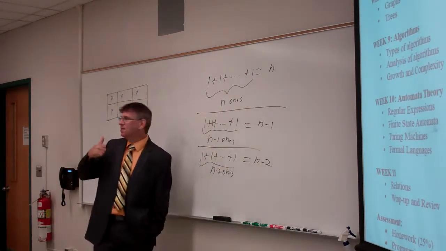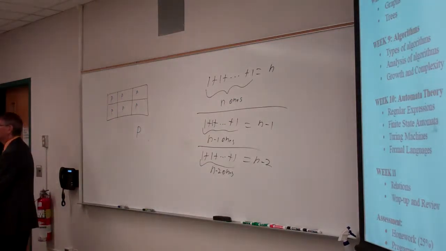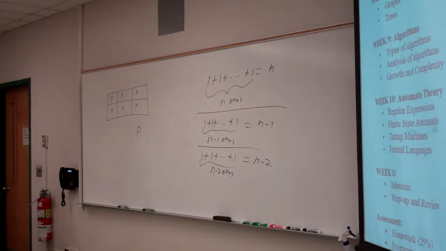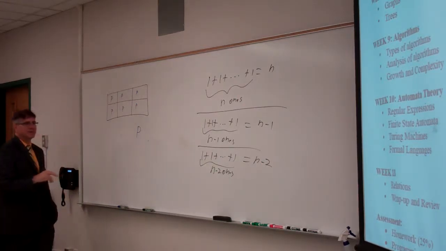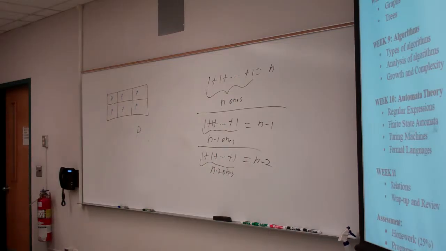Ways to take languages and identify what's a correct sentence in this language, what's an incorrect sentence. Diagramming sentences, if you've ever done that. Things like that. Huge application to computer science. And then week 11 will probably be just sort of wrap up and review. We may talk about relations, which is a way of looking at functions in set theoretic terms and so on.